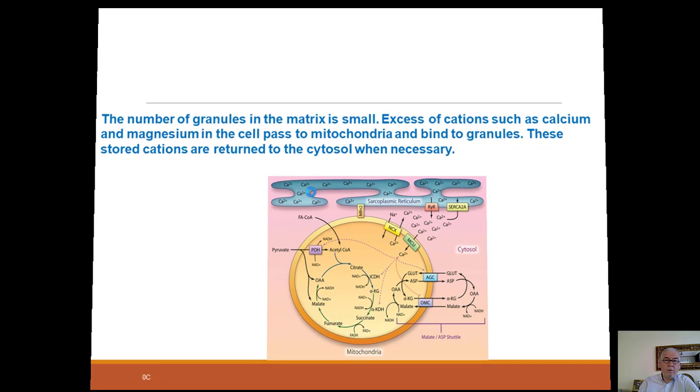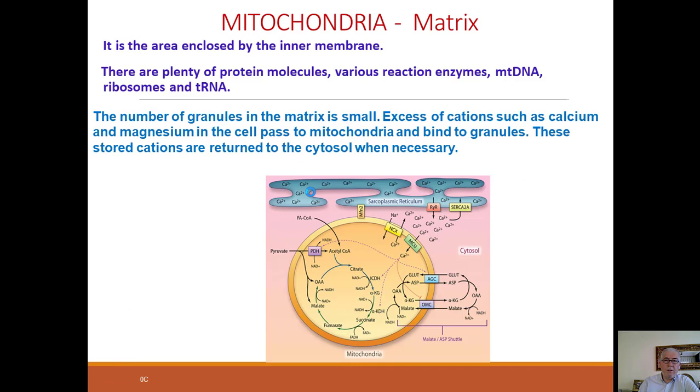And as I told you before, we have many important chemical reactions in the matrix. The matrix is enclosed by the inner membrane. Also, there are plenty of protein molecules and various reaction enzymes, including lipid and carbohydrate metabolism enzymes.